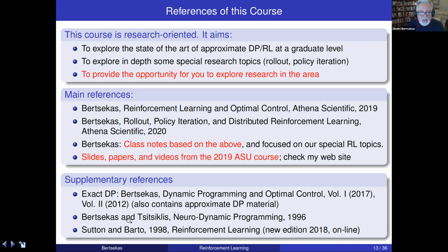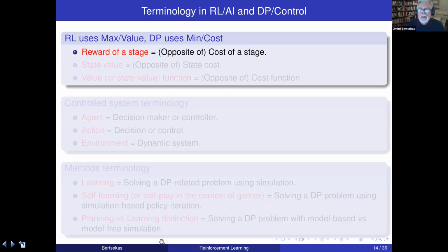These 2 books give 2 different points of view of the same subject. The emphasis is different, the culture is different, the mathematics are different, but you may consult them and see for yourself. All of these are very relevant to our class.